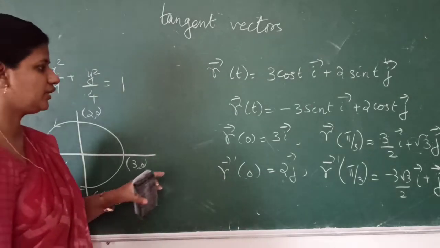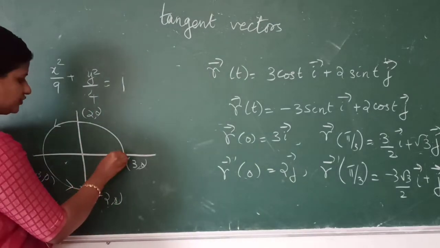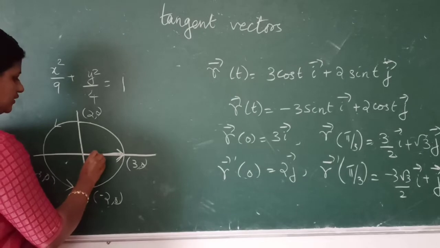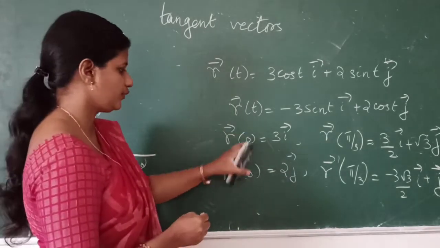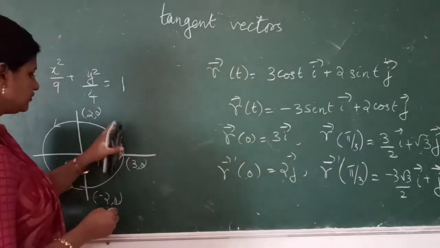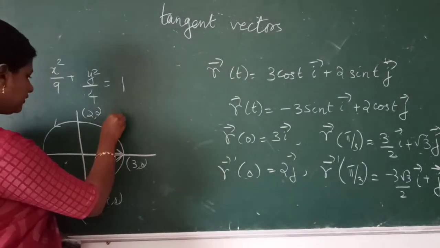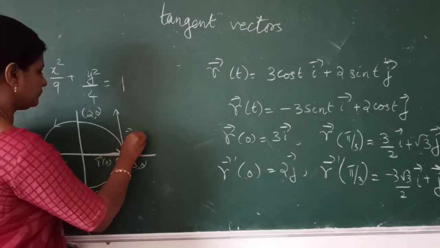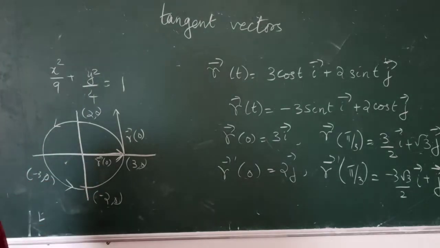Now we want to mark these vectors. Here r of 0 is equal to this vector 3i. So r of 0 is this. Now what is r dash of 0? Of course it is tangent to this curve and 2j. That means here the tangent vector is r bar dash of 0 at the point 3, 0.